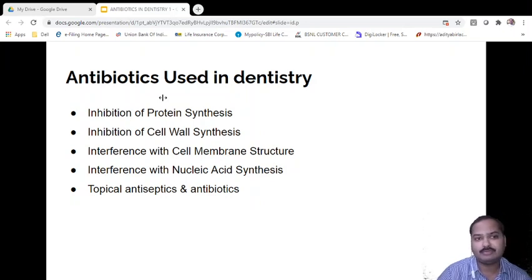So we should remember about the protein synthesis, cell wall synthesis, cell membrane structure, and the nucleic acid synthesis. These things will be involved with various antibiotics which are used for the microorganisms causing the odontogenic or the non-odontogenic infections.